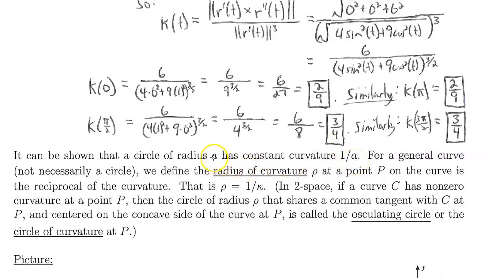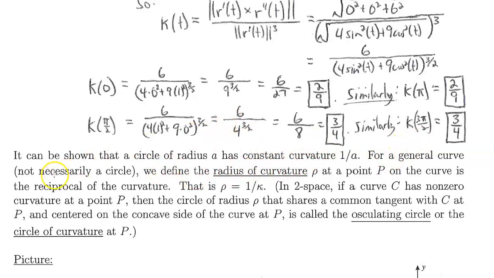If you have a circle of radius 100, the curvature would be 1/100th. The bigger the radius, the smaller the curvature. If you had a radius of 1/2, the curvature would be 2, 1 over 1/2. So the smaller the radius, the bigger the curvature. And if it's a circle, it doesn't matter which point you pick on the circle, it's going to have the same curvature. It'll have a constant curvature for a circle.